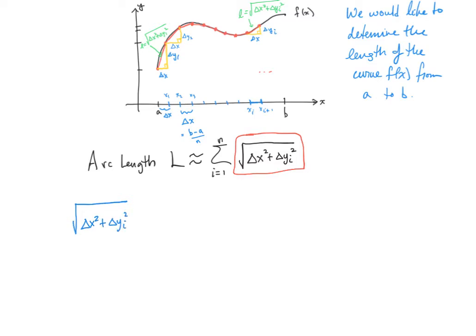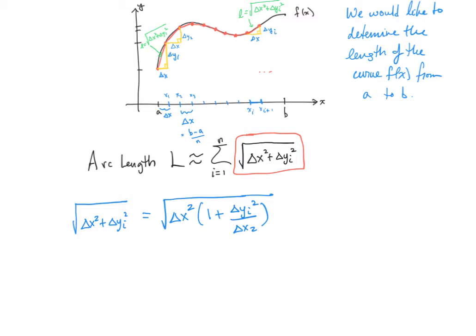The first thing that I'm going to do is factor out a delta x squared, right? And so what's left is just going to be 1 plus delta y sub i squared over delta x squared. You can check that if you redistribute this, it ends up looking the same as this. So we haven't changed anything.